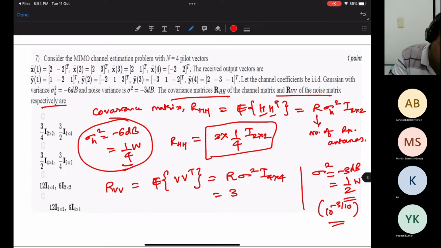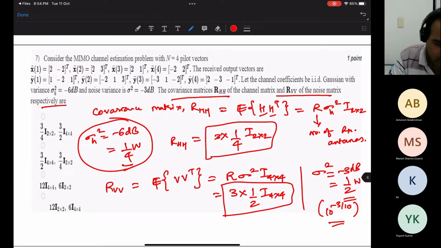So this is 3 times half times I 4 cross 4. This is your RVV. In the options, we have 3 by 4 I 2 cross 2 and 3 by 2 I 4 cross 4. Any doubts in this?